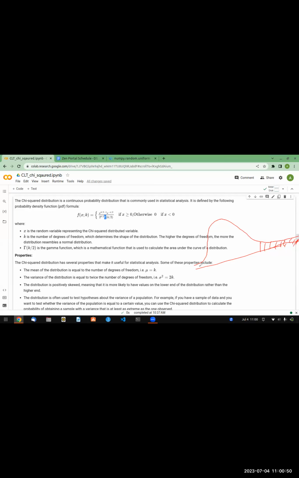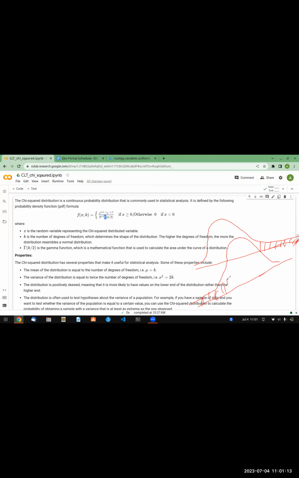If your distribution is more in the lower region of your graph, that means it's skewed. What is left skewed? How does it look? This is left skewed data.